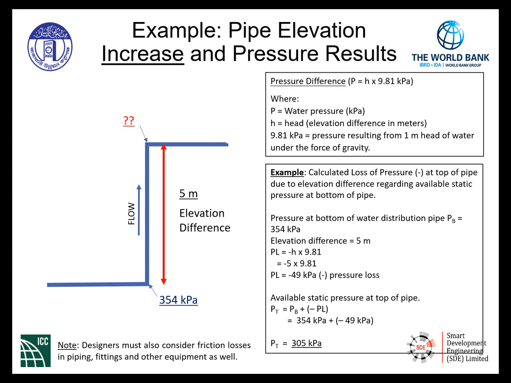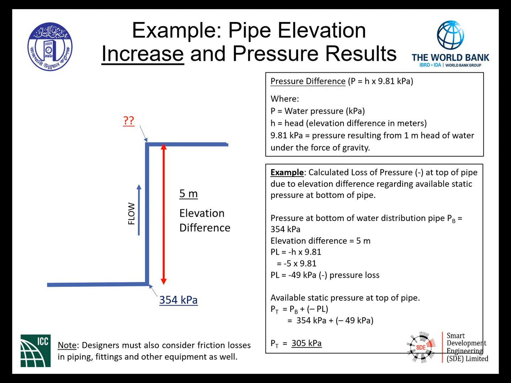In our example, we will use a sign convention in the upward direction as a pressure loss. So our pressure loss, according to this graphic, we will use a negative number to denote pressure loss at the top of the pipe due to elevation difference regarding available static pressure from the bottom of the pipe.